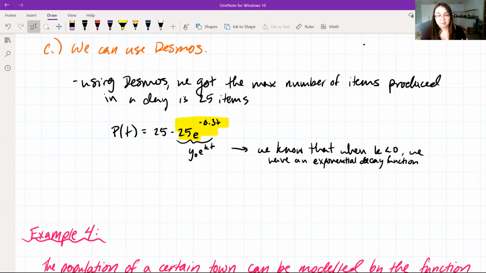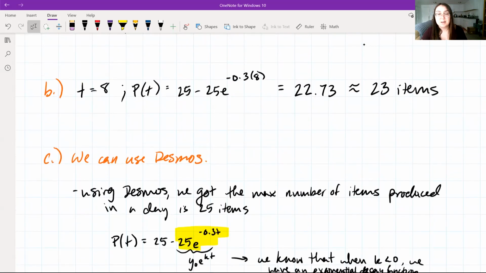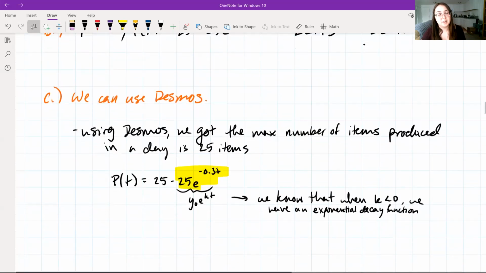We saw that even after 8 days it was going to be about 23 items. So we know pretty soon after 28 days, it's going to start hitting 25 and not being able to gain any more items per day.